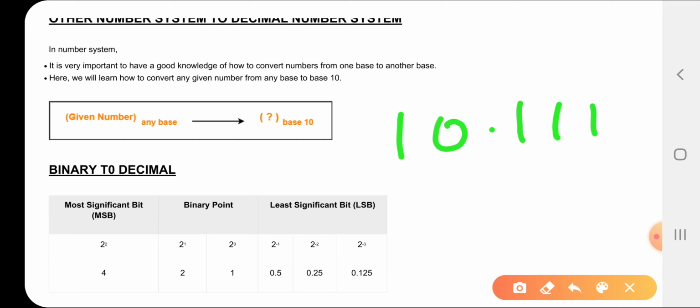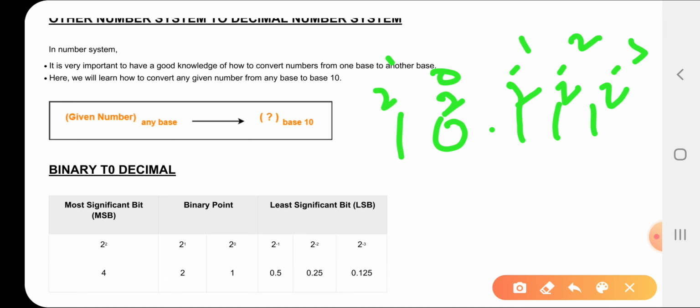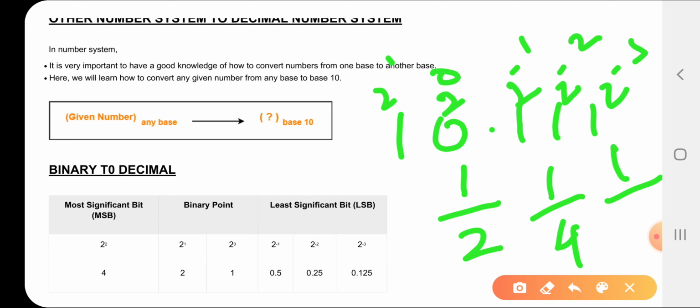Before the point we have 2 power 0 and 2 power 1, and after the point we have 2 power minus 1, 2 power minus 2, and 2 power minus 3. 2 power minus 1 means 1 by 2, 2 power minus 2 means 1 by 4, and 2 power minus 3 means 1 by 8. Understood?